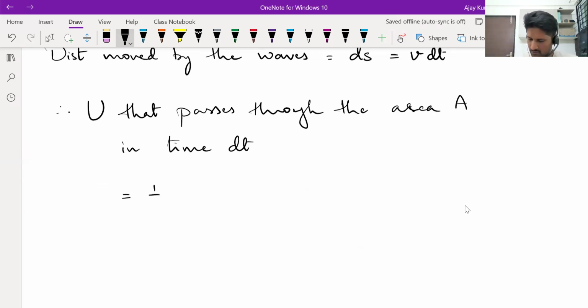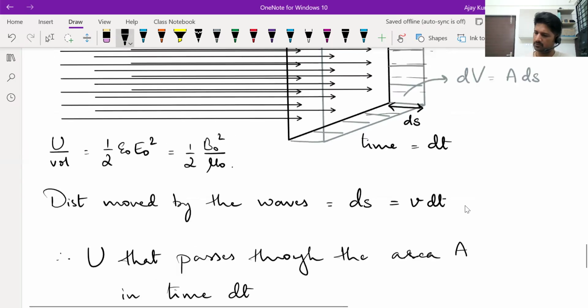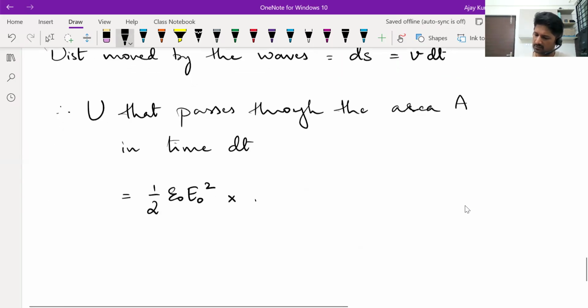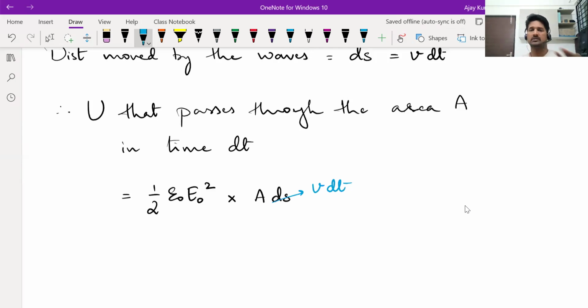Energy per unit volume is half epsilon naught E naught square. Electric field energy plus magnetic field energy combined is this much per unit volume. Multiply that with the volume. The volume here is nothing but A into ds, and ds is nothing but v dt, speed multiplied with the time. Therefore, that is the energy that passes through the surface of area A in a short time dt.